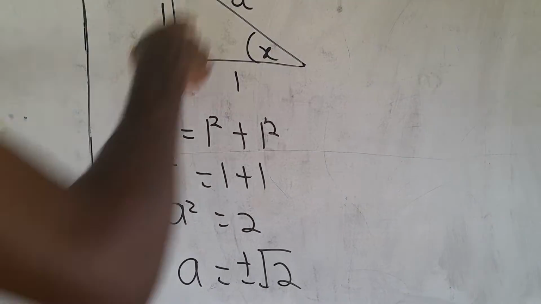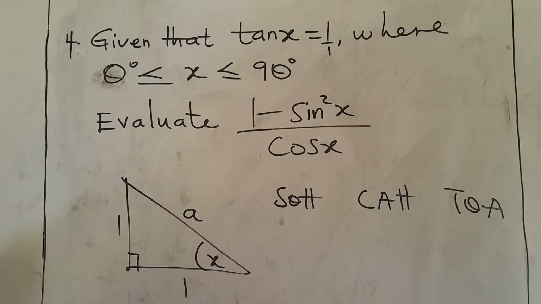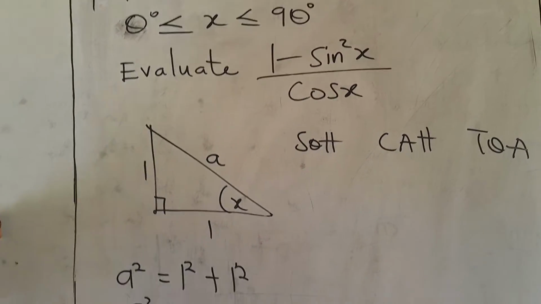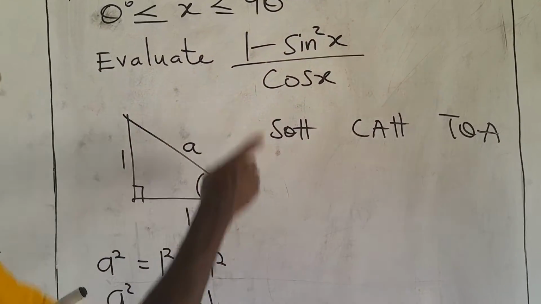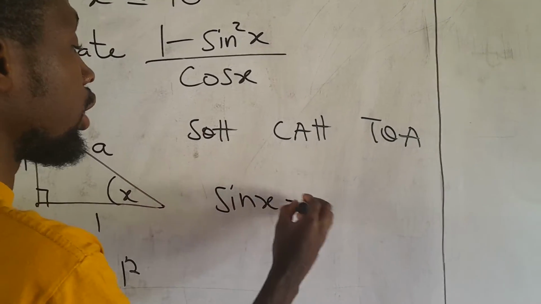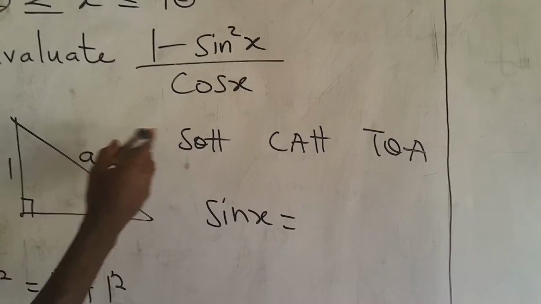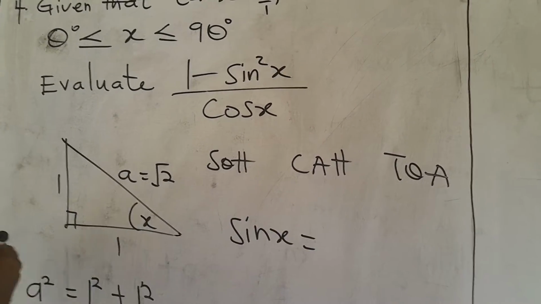But since it's found in the first quadrant where all of them are positive, the negative will not be necessary in that instance. So we can find our sine. So this a will be equal to root 2.